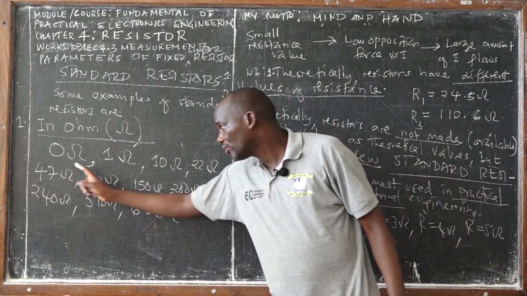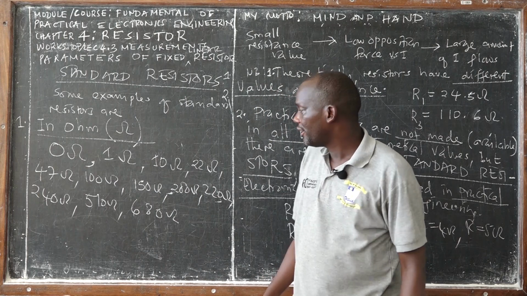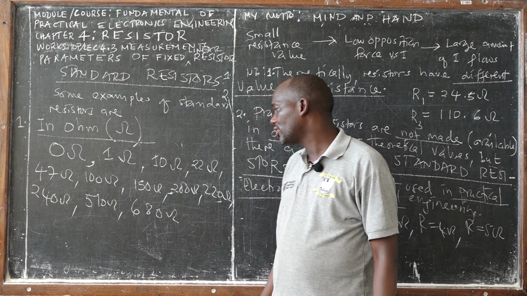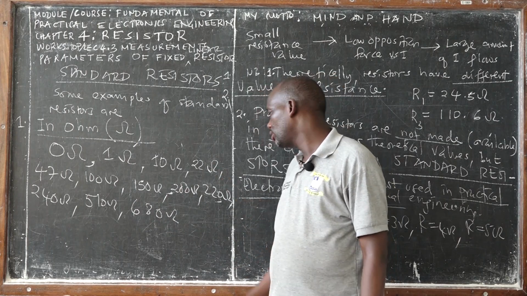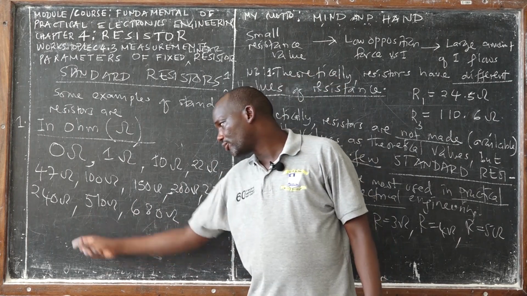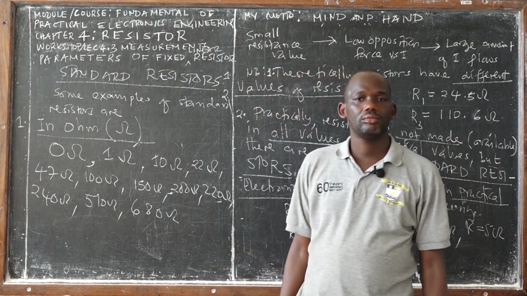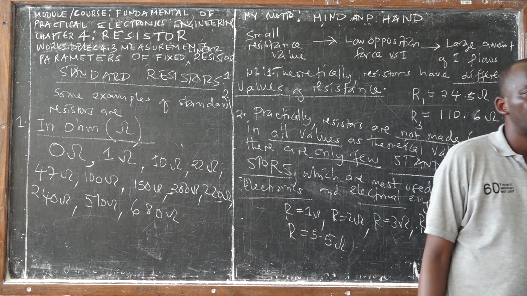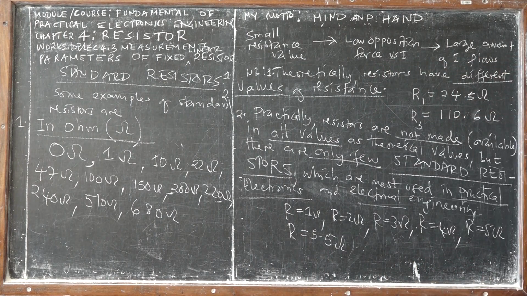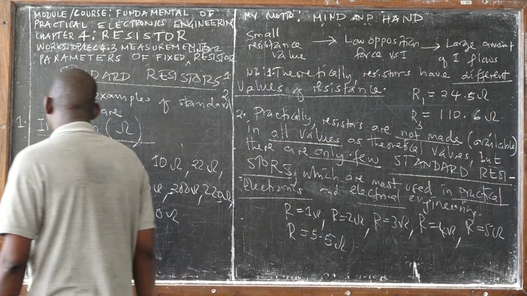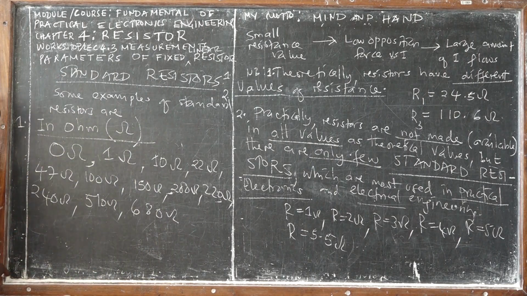Next is 47, next is 100, then 150, then 200 ohm, 220, 240, 510, 680 ohm. So these are a few examples of standard resistors in ohms.